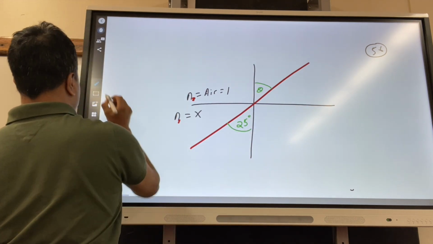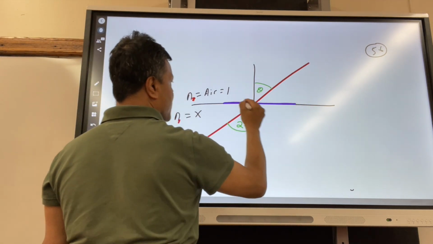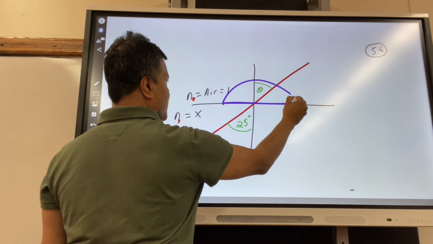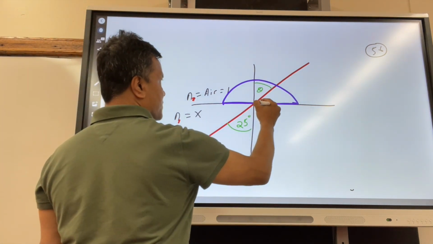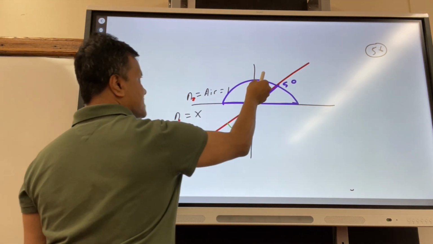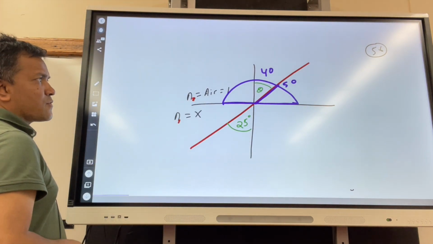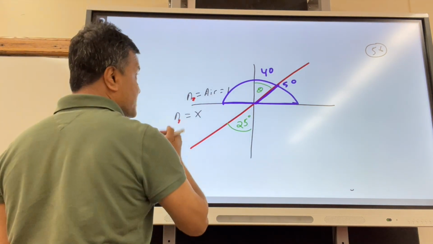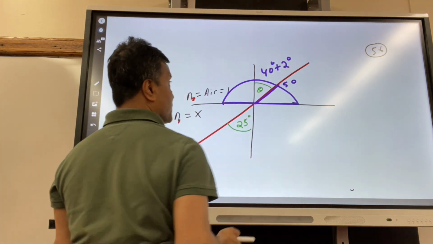Let's try again. I'm going to draw a protractor, and let's draw like this. So this is a protractor, right? And if this one reads 50 degree, what is this one? This one has to be 40 degree, right? So the answer would be 40 degree plus minus 2.